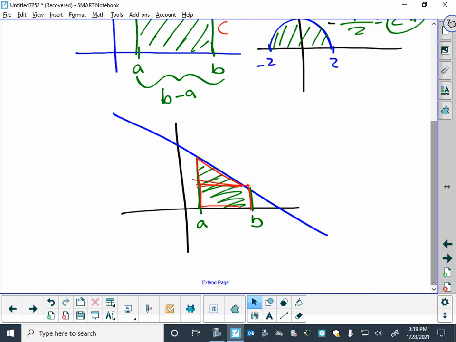So there are some of these that I should be able to come up with exact answers for without resorting to a calculator, just because there are some geometric formulas that I can apply.